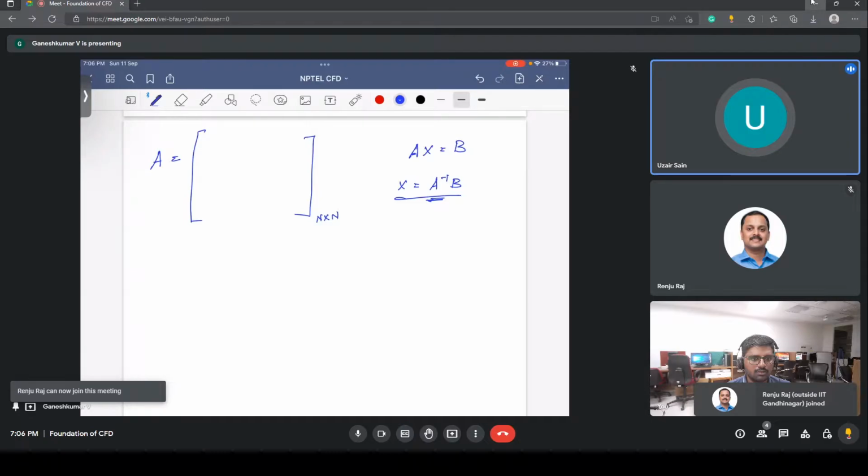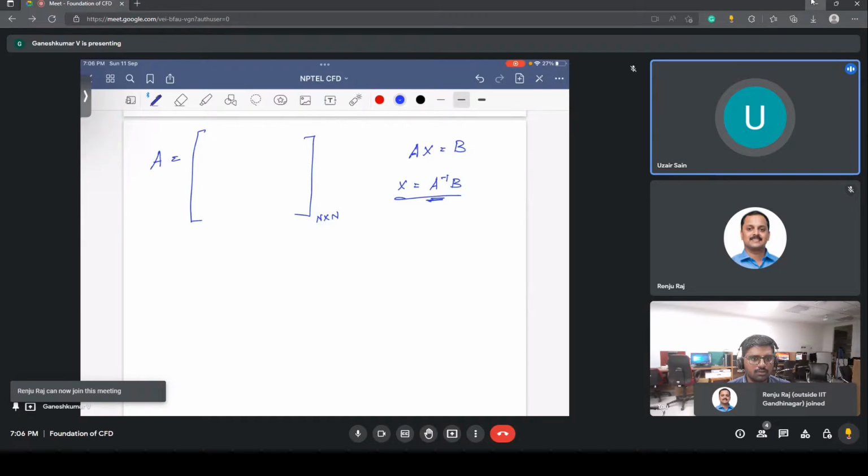L is a lower triangular matrix and U is an upper triangular matrix. Now you can replace Ux with D, some other vector, and substitute it back here. Then LD is equal to b.